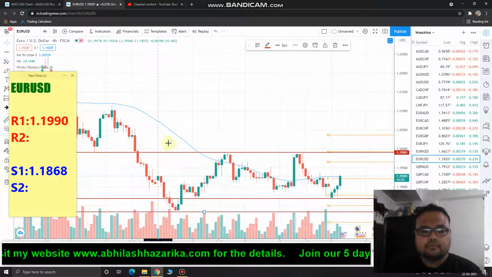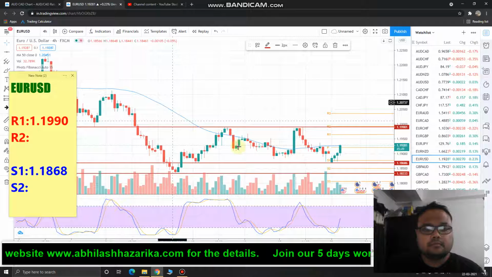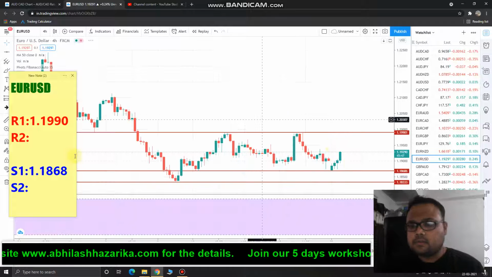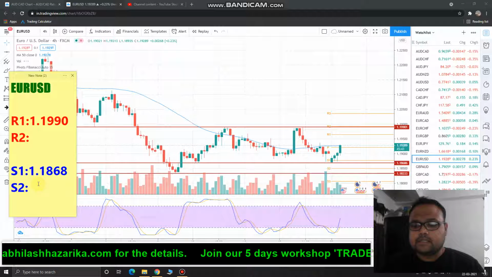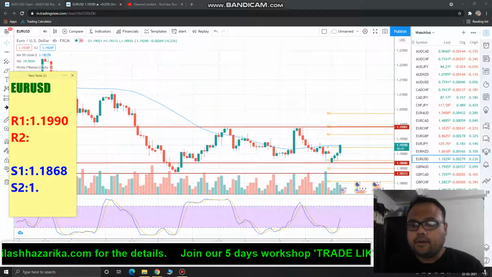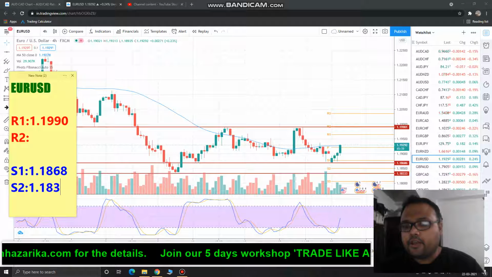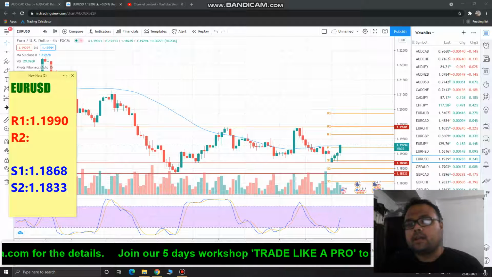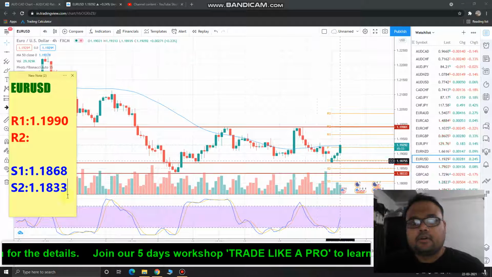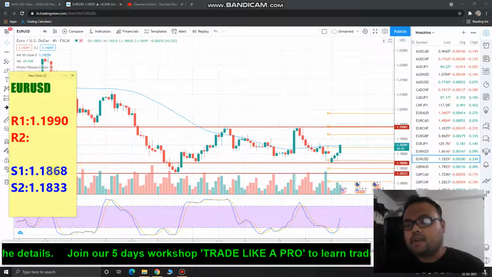You can see that I have drawn another line, this level 1.1833. This level may provide some support to the market. So if the market crosses this support 1, then do not short the market right away.